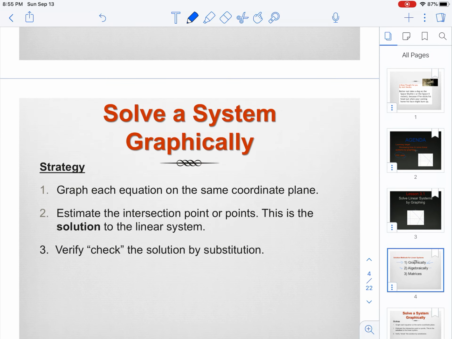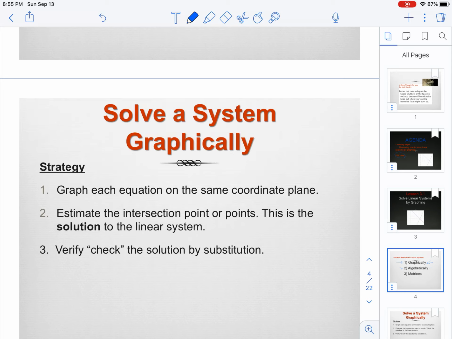So with that, let me just talk about a strategy. When you're solving a system of equations graphically, what you are looking for is the place where they intersect, because where the two lines intersect is the solution for that system. There are times when you have to estimate because it won't be precisely the ordered pair 1, 1 or the ordered pair 10, negative 20.